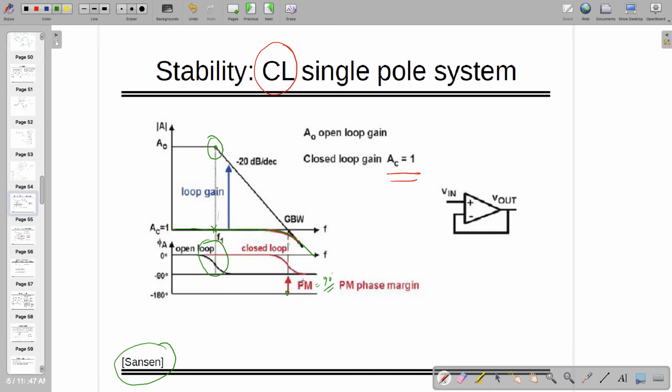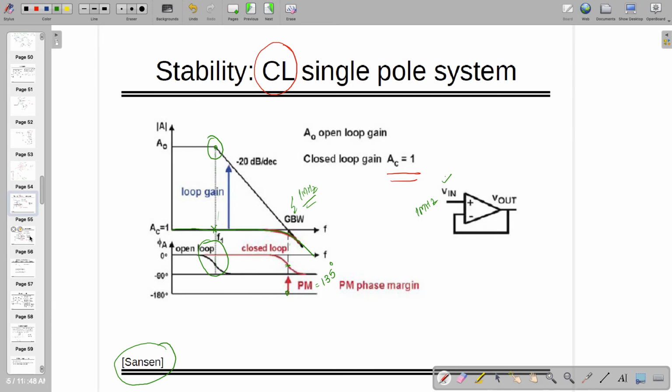Sorry, phase margin is 135, right? Because this is minus 45. That is how your closed loop behavior will look. So till UGW you can give the input, if this is 1 megahertz, till 1 megahertz. If you are applying the input, V out by V in closed loop is equal to 1. After 1 megahertz, it keeps on decreasing with minus 20 dB per decade.